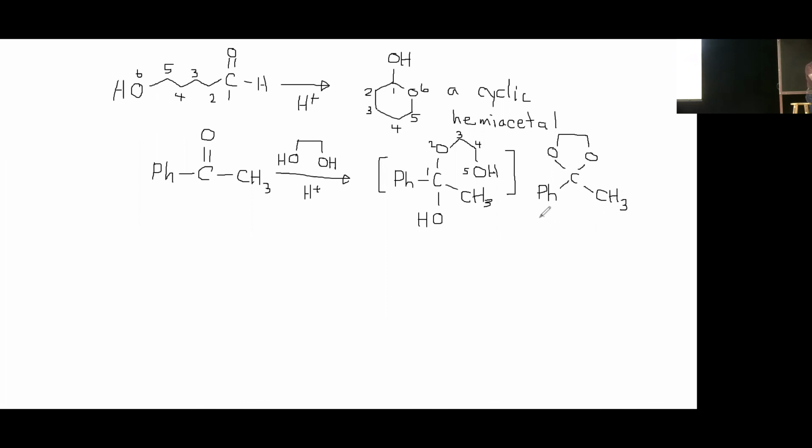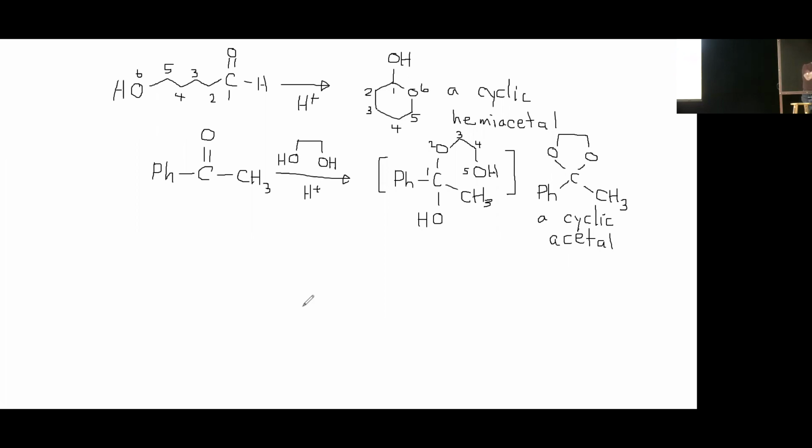And if instead of ethylene glycol, we'd used 1,3-propane diol, so 3 carbons with OHs on carbons 1 and 3, well, you'd get the same type of thing, but with a 6-membered ring. And that would also be fine. That would also form very readily. So as long as you're forming a 5 or 6-membered ring, you're good to go with this type of cyclic acetal.